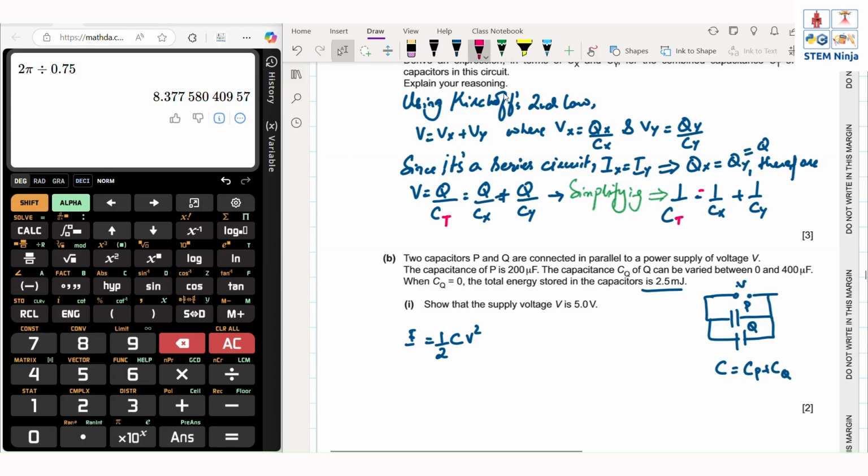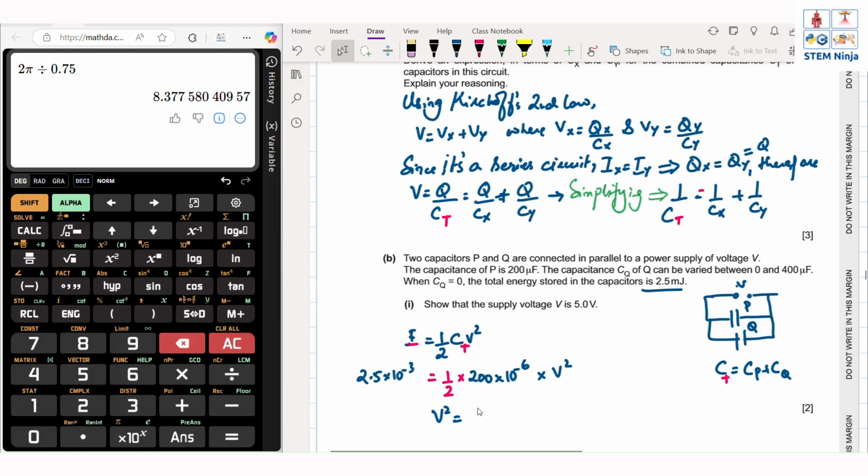In this case, this is your total capacitance or effective capacitance. So half, Cp is 200 microfarad because Cq is 0 right now, V squared, and energy is 2.5 millijoules.